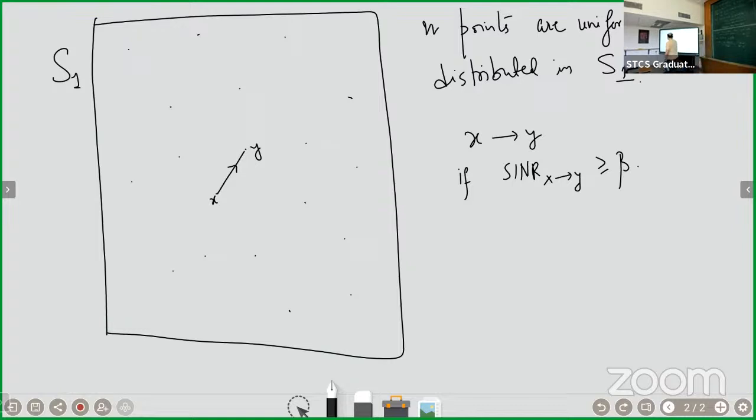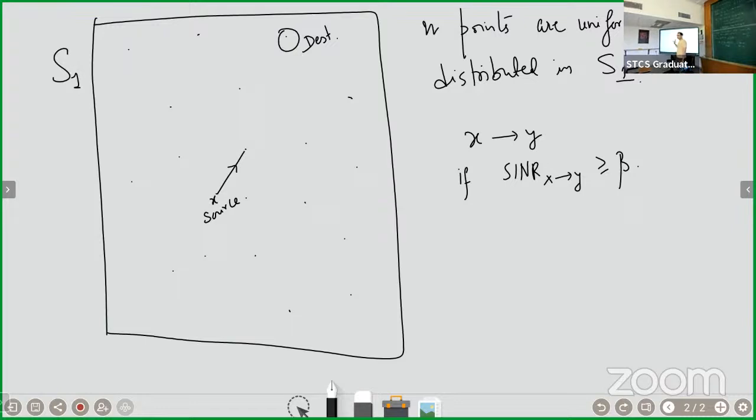So x is my source, and its destination is one of these points, uniformly randomly chosen. So among the n-1 points, pick any one uniformly randomly. This is done for everybody. For every node here, pick uniformly randomly.